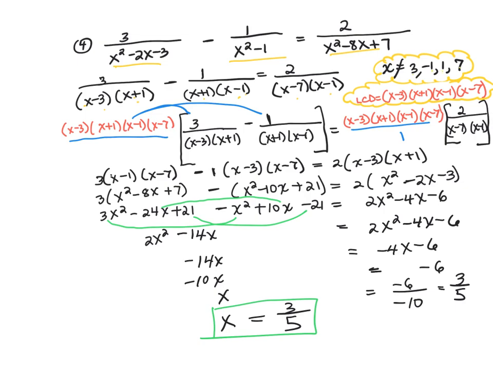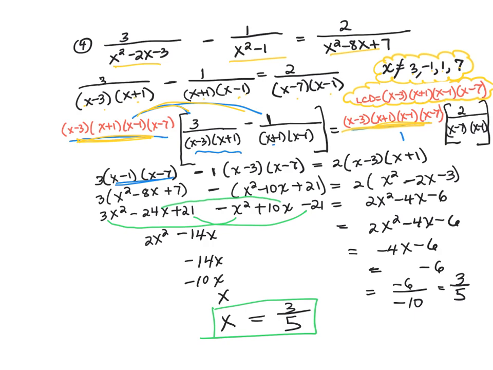But we also see that the least common denominator is the product of 4 binomials: x minus 3 times x plus 1 times x minus 1 times x minus 7. So I multiplied each side by the product of those 4 binomials, distributing on the left and multiplying on the right. Notice in the first fraction, the x minus 3 and x plus 1s divide through, so we're left with these 2 factors.